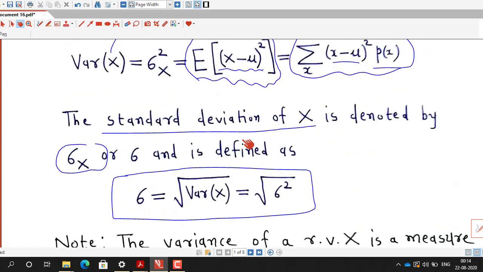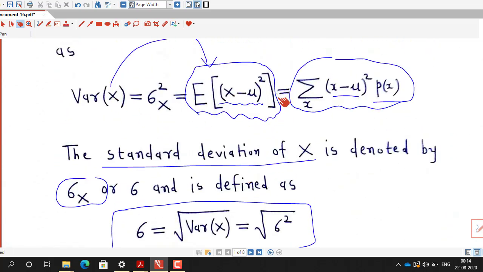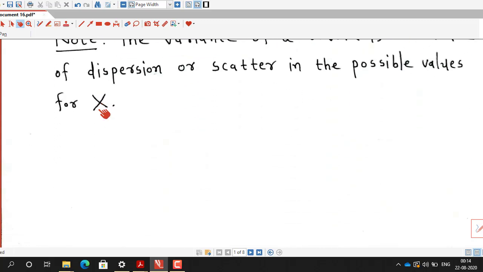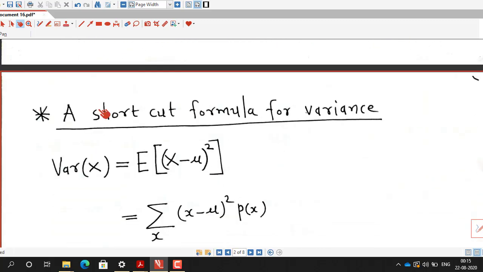So this is one formula of variance of X. It is variance of X equal to expected value of square of X minus mu, that is sigma of (x minus mu) square into p(x). So we can rewrite this formula to obtain another shortcut formula also. So we see what is that shortcut formula.